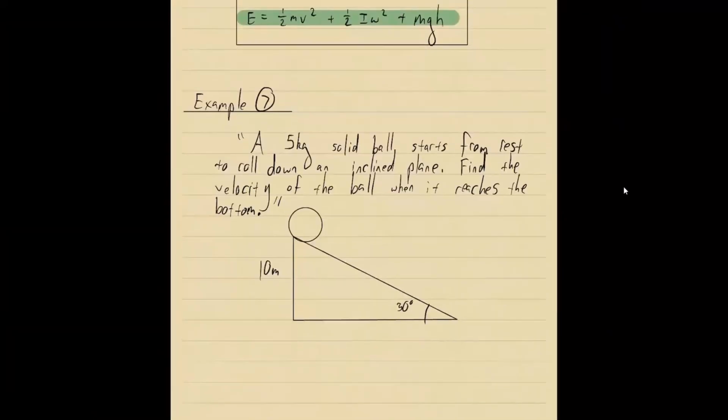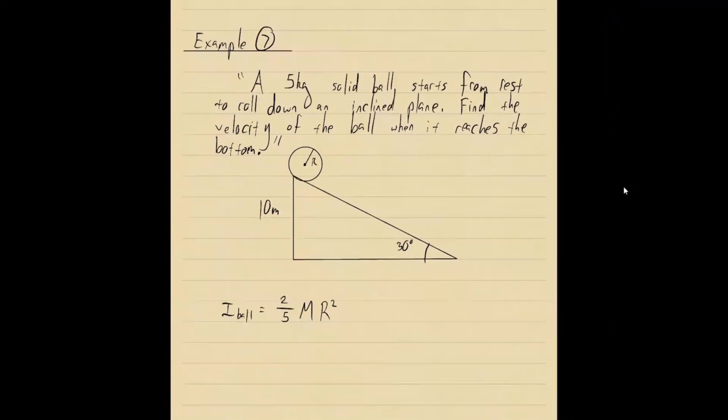And the problem tells us that the moment of inertia for this ball is just 2/5 times the mass of the ball times the radius of the ball squared, where capital R is the radius of the ball. So we want to find the velocity of this thing at the very bottom.